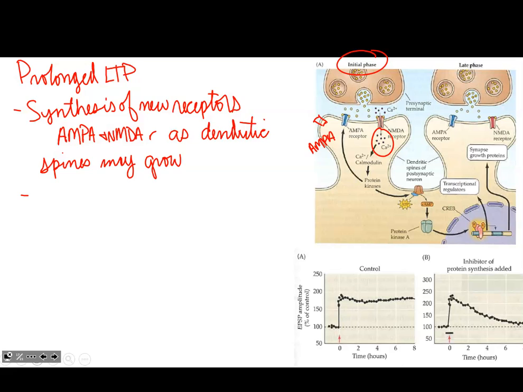Long-term or late phase is a better term, right? So late phase LTP requires changes in protein expression such that we're going to make new proteins. Okay? So the way that this works, as I mentioned here, right, that increased calcium can activate different kinases in this initial or early phase LTP, right?